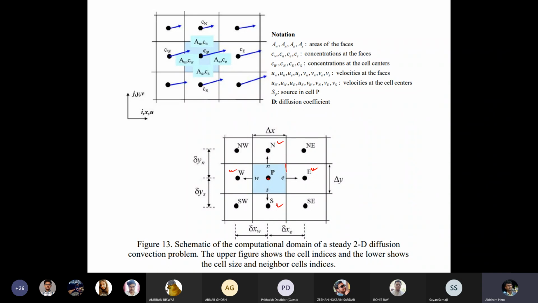The intermediate line is known as the face. In 2D this is a line, in 1D it can be a point, in 3D it will be a face. So this is the east face, west face, north face, south face, and these are the dimensions, the width of each volume element. This part we showed in the last class.